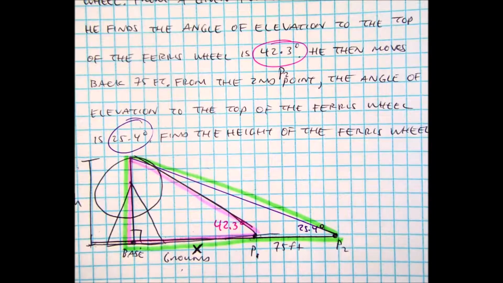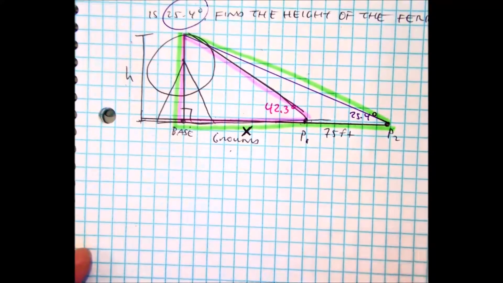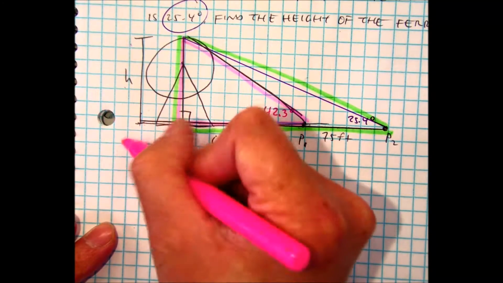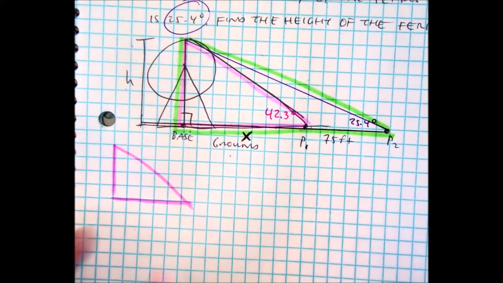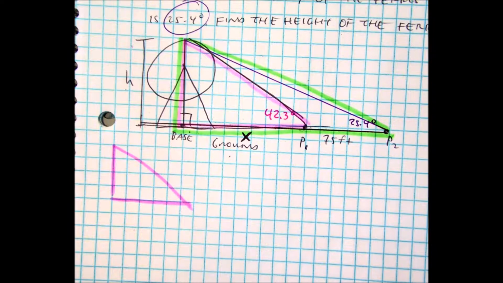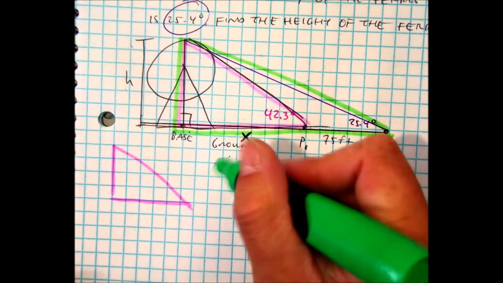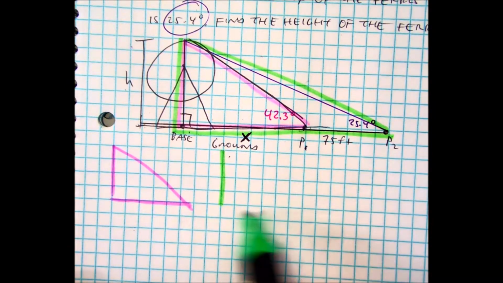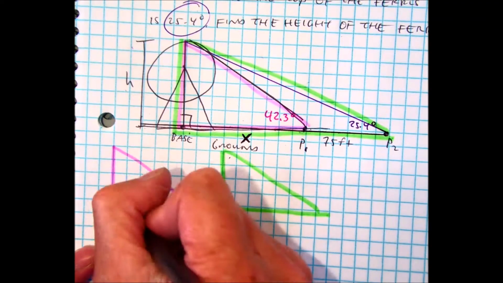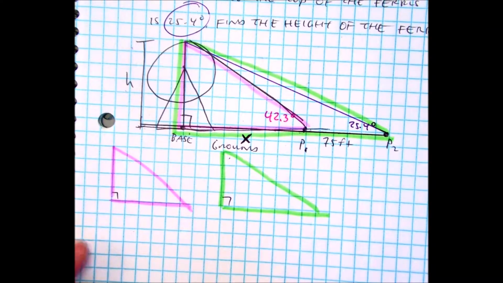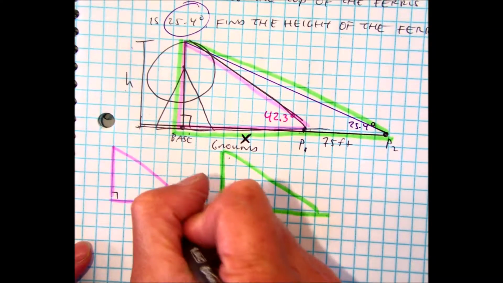So when I draw my two triangles, we got to separate our triangles now. Triangle number 1. And triangle number 2. So on the small triangle, I have 42.3 degrees.